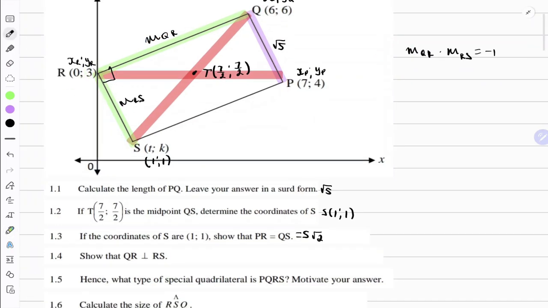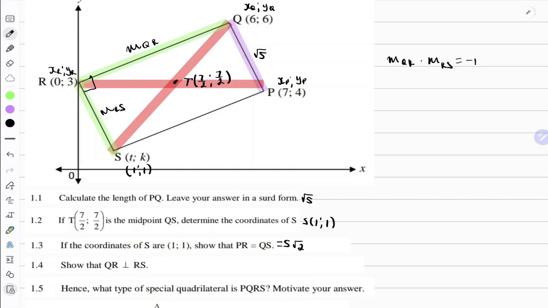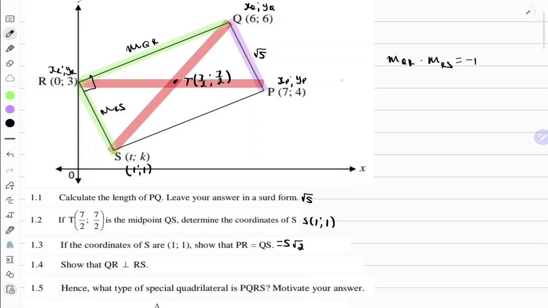So let's prove this condition. Let's start with the left hand side. MQR is (YR minus YQ) over (XR minus XQ). And for the gradient of RS, it's (YS minus YR) over (XS minus XR).